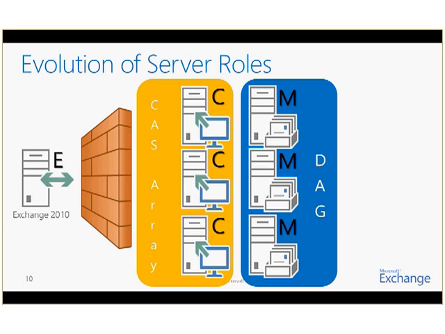Layer 4 load balancing can be used as well. So in Exchange 2013, the CAS array is there to provide a unified namespace and authentication, and this is similar to Exchange 2010 in terms of providing a unified endpoint for client connectivity and authentication, but it is much less complex than Exchange 2010 from an administration perspective.